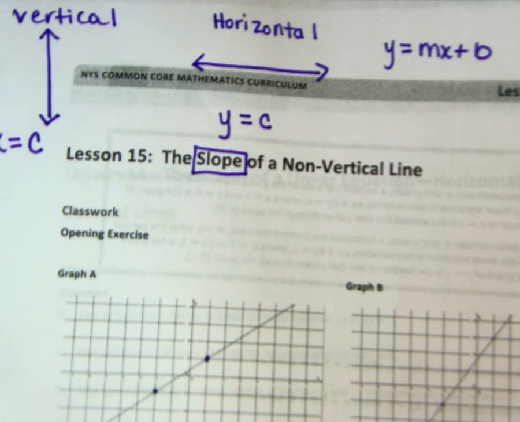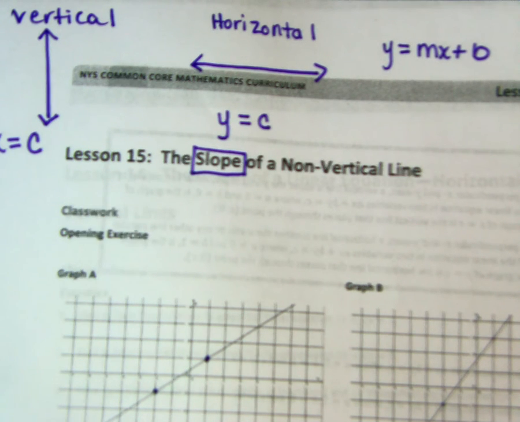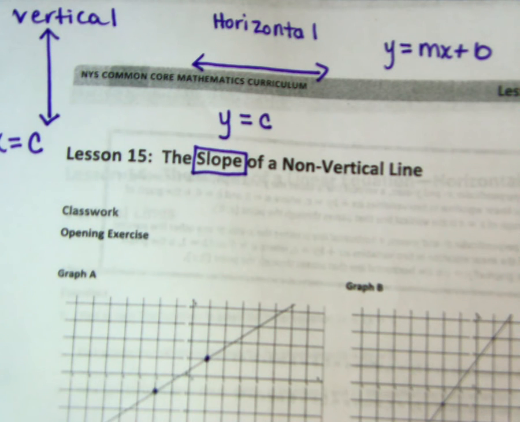You're going to be able to give directions about how to get from one point on the line to another point on that line. And that's going to lead us to make some conclusions about the ratios formed moving from one point to another, and compare the steepness or the flatness of lines.